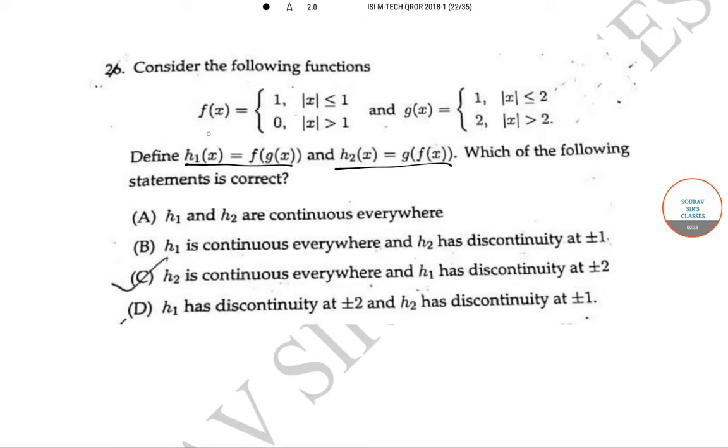So, we have been provided with the functions f(x) and g(x), and we have been given that h1(x) is equal to f(g(x)) and h2(x) is equal to g(f(x)).